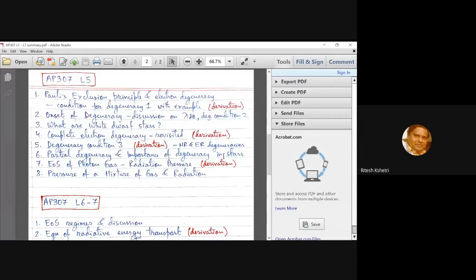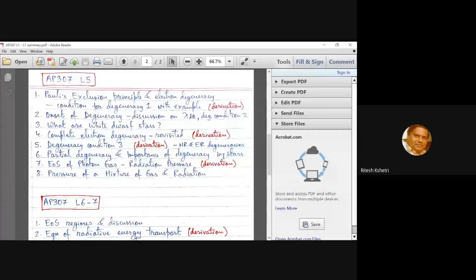But again, neutrons are different particles compared to electrons, so white dwarfs and neutron stars will have very different properties. Although there will be some similarities, the differences will also be very interesting to know. I will talk about them more when we talk about neutron stars later in our course.